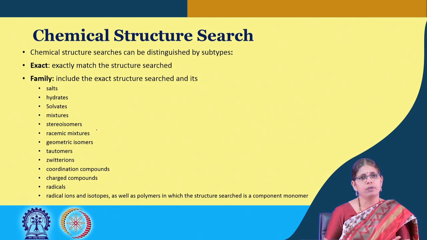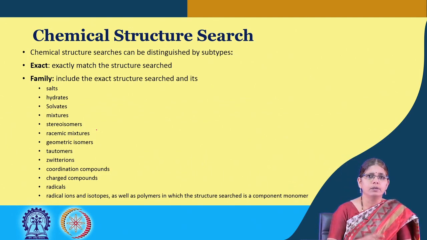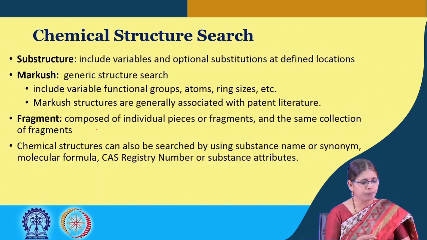You can search by salts, you can search by isomer information, you can search for the entire information in relation to the esters and also the different forms of that particular compound. And this is another part of the search which is undertaken in the industry. There are also databases which offer what we call the chemical structure search.